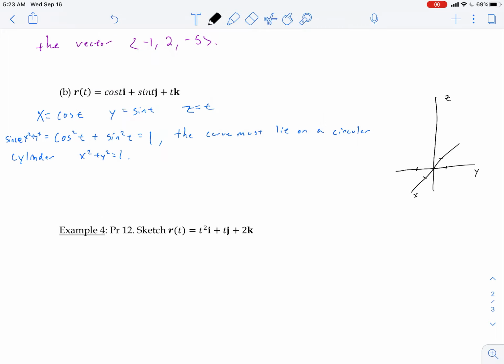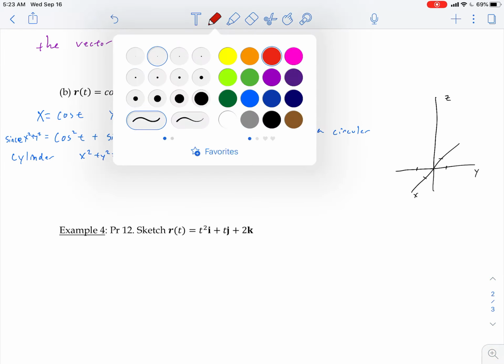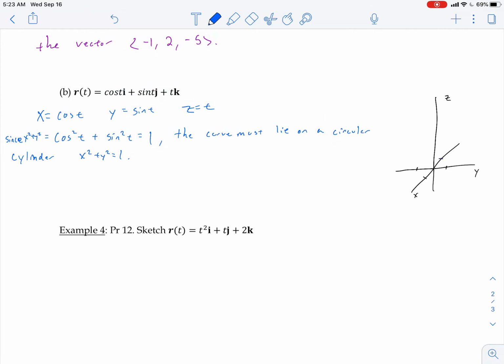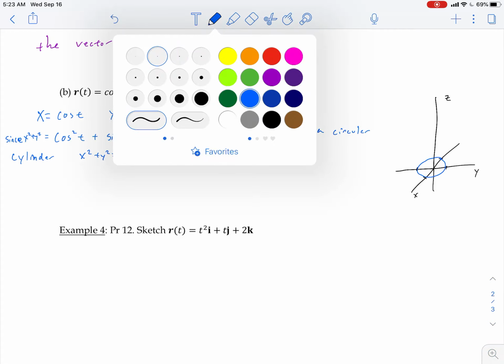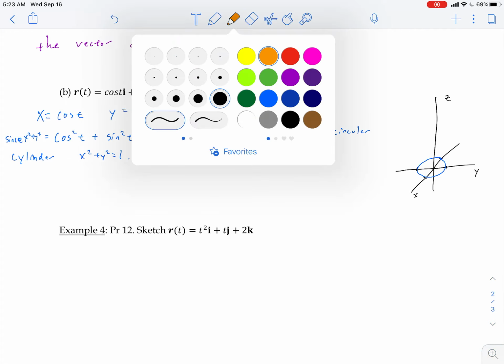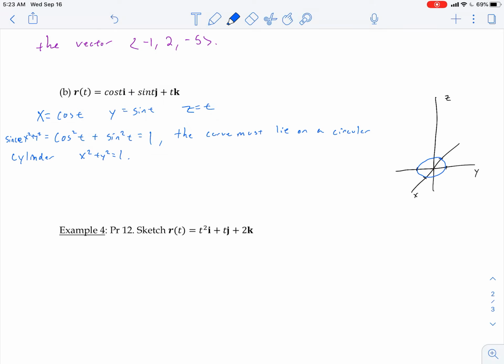The first thing is that x squared plus y squared equals 1 is going to give us the circle on the x and y axes. Let's go to blue. We're going to have this circle. But because this is in 3 dimensions, we can't forget about that z component. And so it's creating a circular cylinder because we're in 3 dimensions. So it's creating that circular cylinder.